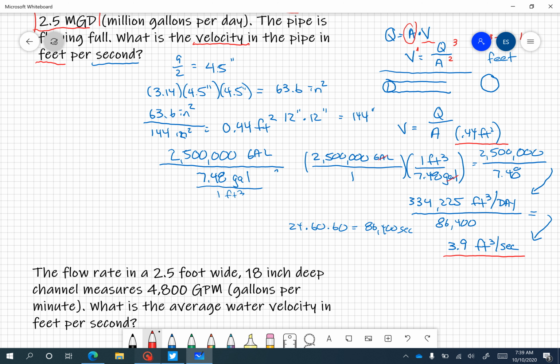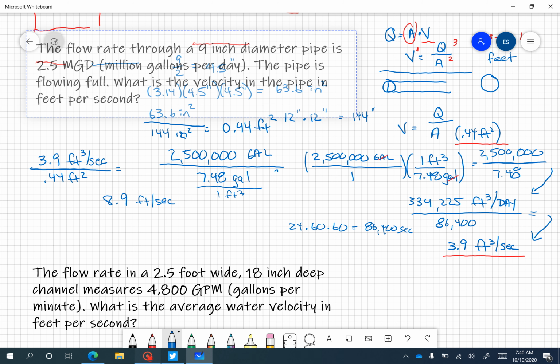I can finally do my final calculation here. 3.9 cubic feet per second divided by 0.44 square feet is going to give me a number in feet per second. 3.9 divided by 0.44 gives me 8.9 feet per second.